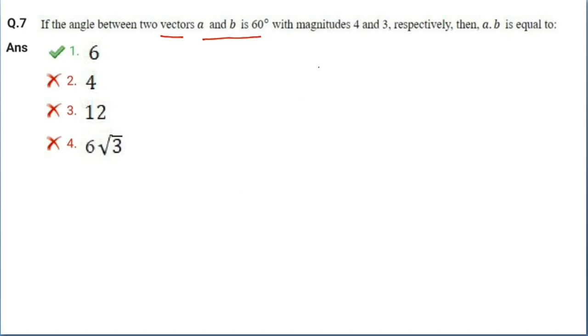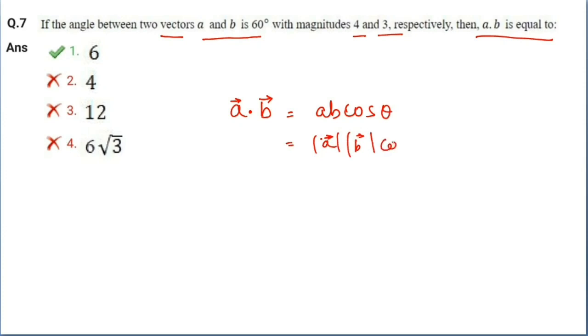The angle between two vectors A and B is 60 degree with magnitude 4 and 3 respectively. Then A dot B is equal to. This is very simple. We know A vector dot B vector is equal to the dot product, AB cos theta, or we can write magnitude of A vector, magnitude of B vector, cos theta.